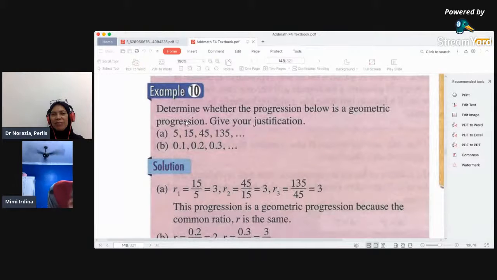From this example, when you read the question, you need to explain first how to determine whether the sequence is a geometric progression or arithmetic progression. You need to compare those first.